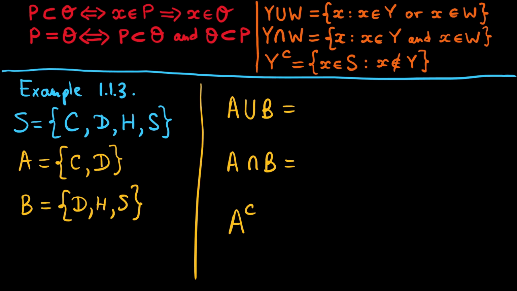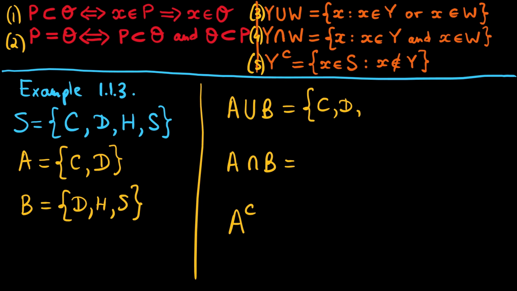So A union B, by definition, and let me number these definitions: 1, 2, definition 3 there, 4, and 5. By definition 3 of union, we're going to include in A union B the elements that are in either A or B. What's in A: C and D. What's in B: there's another D, but existence in either set is sufficient to be included in the union.